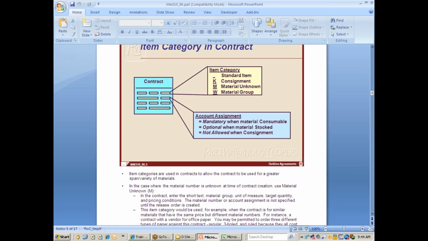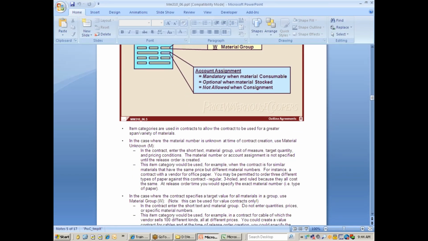So in this case, what I am trying to say is, while creating the contract, you might not know what exactly the problem is that you may get in your hardware. Maybe for some laptops the RAM might not work in future, or maybe for some other hardware the CPU may not work, or it could be any reason.